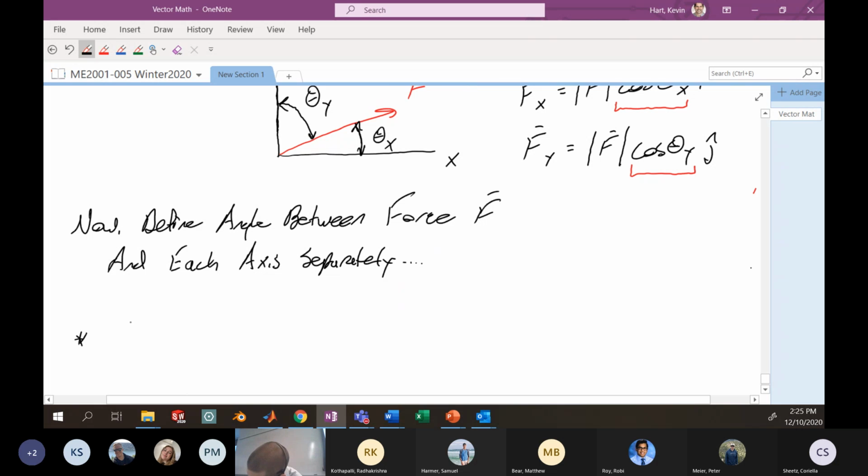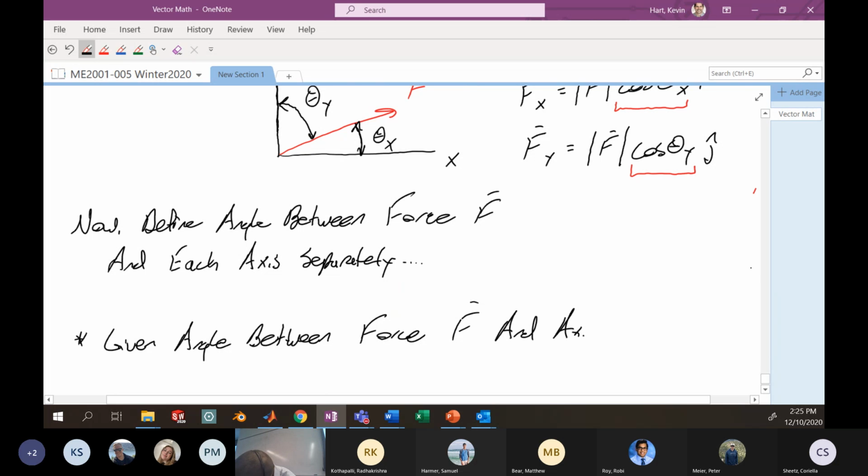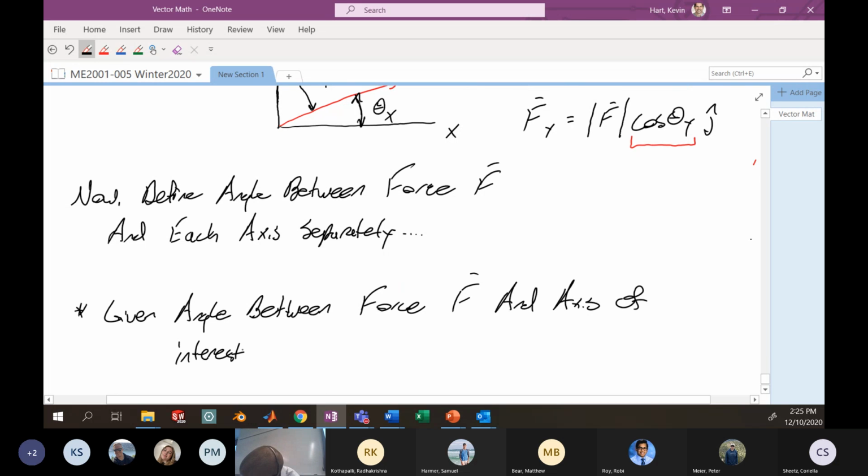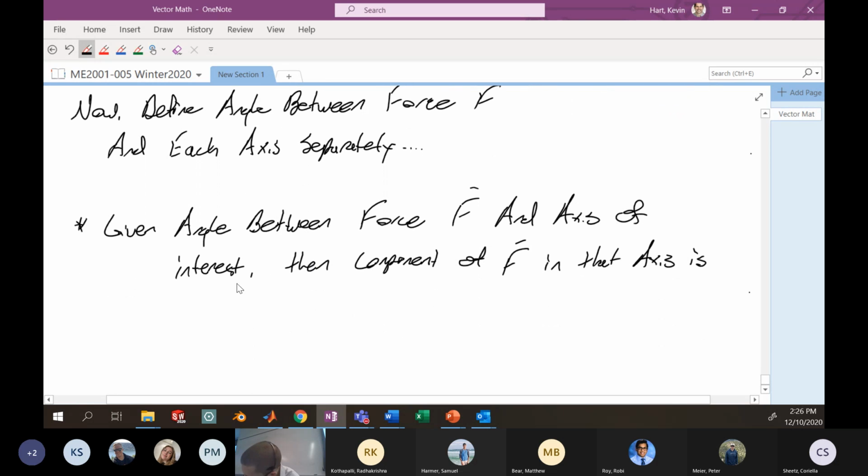Given the angle between force F and the axis of interest, then the component of force in that axis is the magnitude of that force multiplied by cosine of that angle.